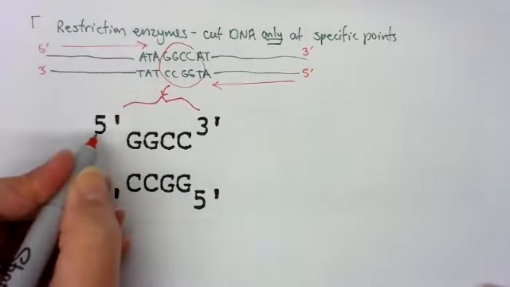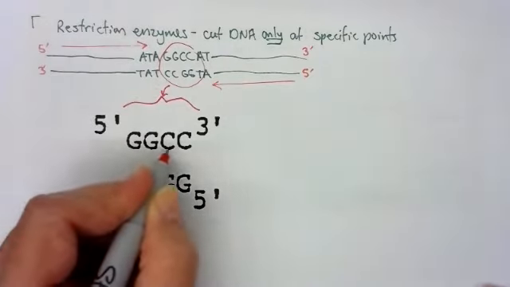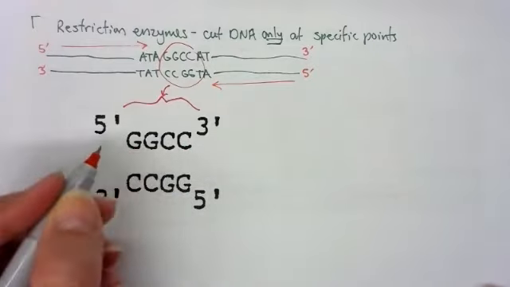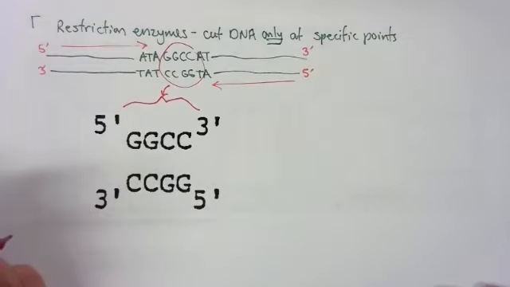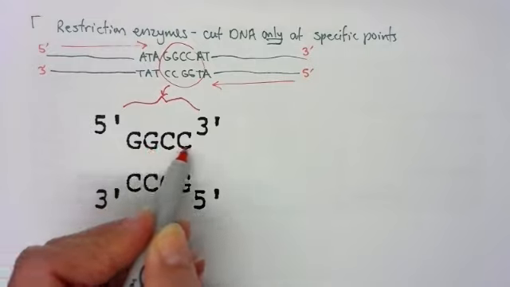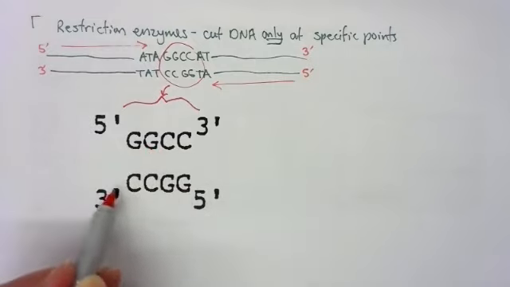You can see that going 5' to 3', I have GGCC, and over here I have GGCC. So it's a little bit like a palindrome. A palindrome is a word that says the same thing forward and backwards, like Bob. Think of another one in your head. If I read it this way, I read GGCC. If I read it this way, I read GGCC.